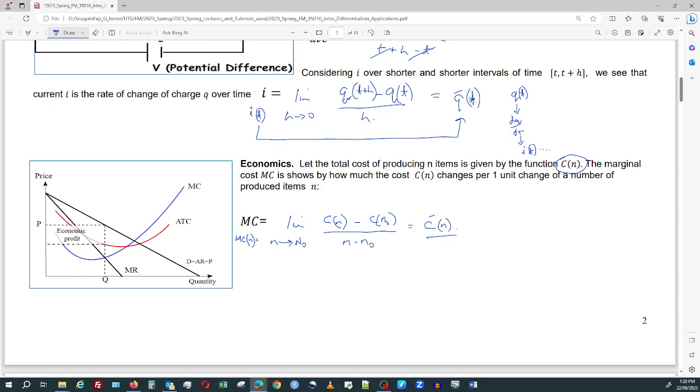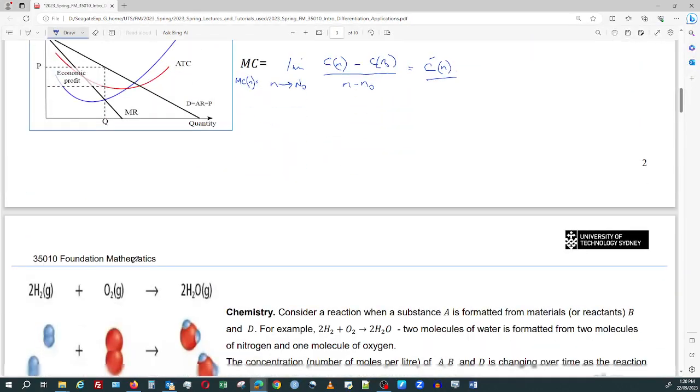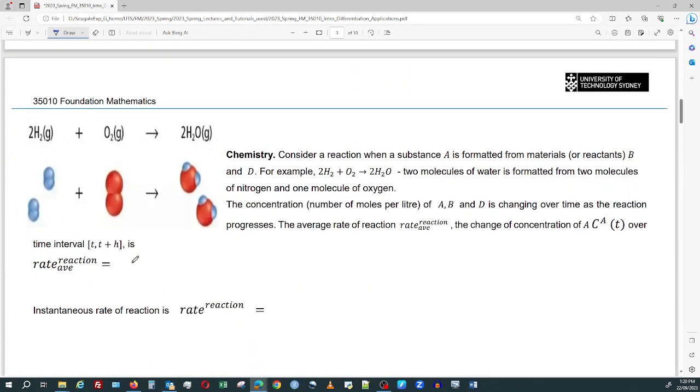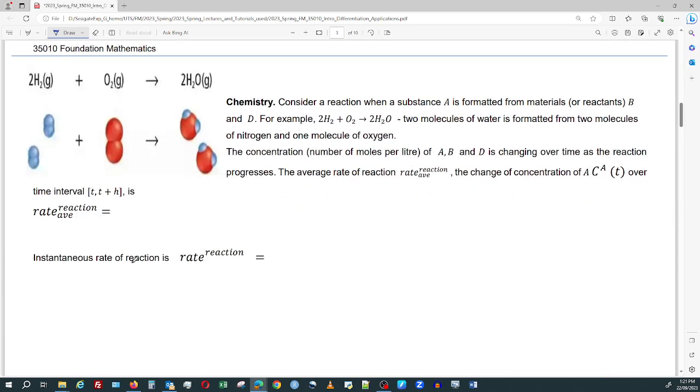Okay, very good. What other contexts can we look at? Wow. The context of chemistry. Really? Does that mean that when there's a reaction from materials and their reactants, and two molecules of water are formed, 2 lots of H2O, the concentration or the number of moles per litre is changing over time as the reaction progresses.